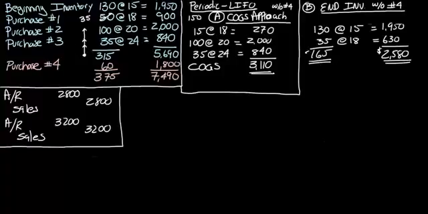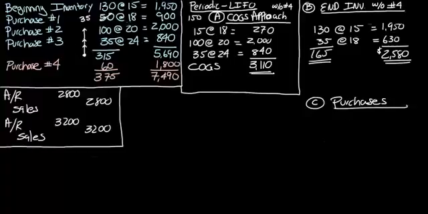Okay? All right. So that's that. And let me do one last little piece here. Let me look at the purchases. Let me put that right here. Let's call that C. And let's call this the purchases. And so what were our purchases for the year?